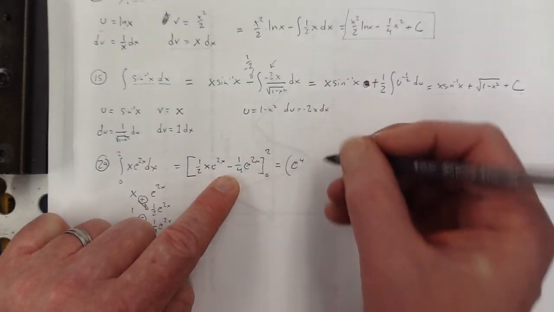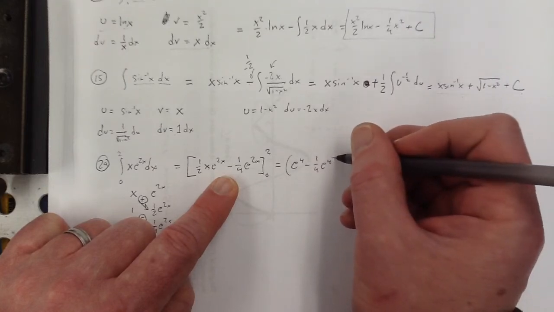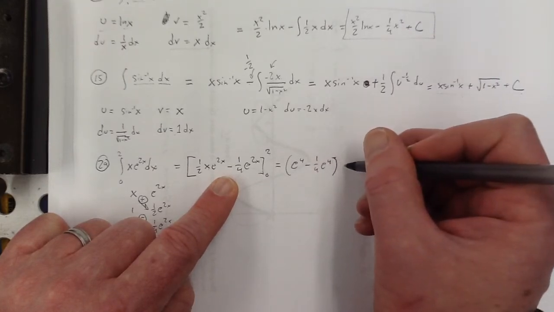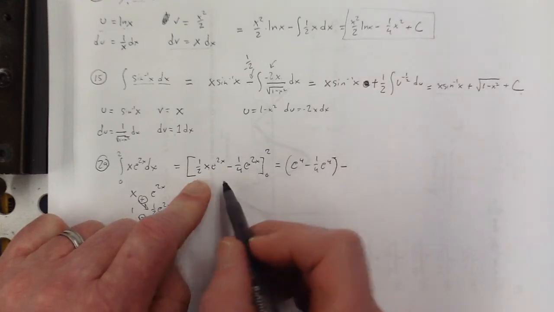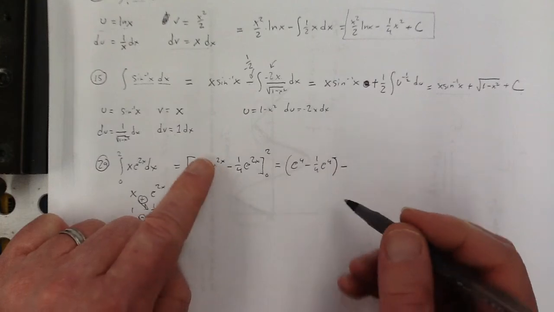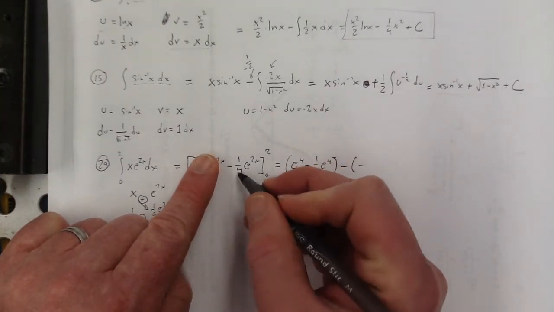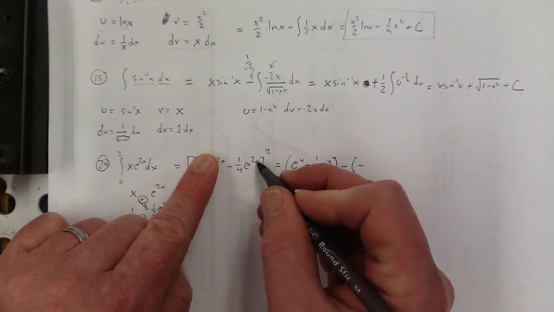And then that's minus 1/4 e to the 4th. And then minus, plug in a 0 here, and there's an x there, so that all goes away. And then minus 1/4, and then that's e to the 0, which is just 1.